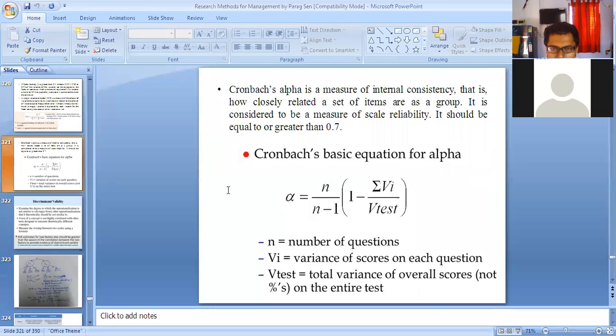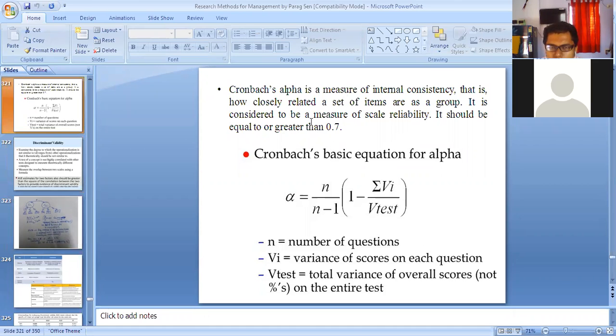Now there is another concept, that is Cronbach's alpha. Cronbach's alpha is a measure of internal consistency, that is, how closely related a set of items are as a group. It is considered to be a measure of scale reliability, and it should be equal to or greater than 0.7. This is the equation of the Cronbach's alpha. Very easily you can calculate it using SPSS software.